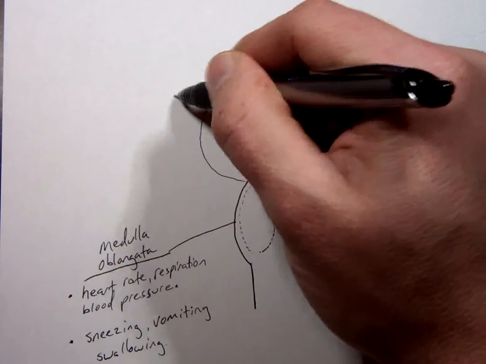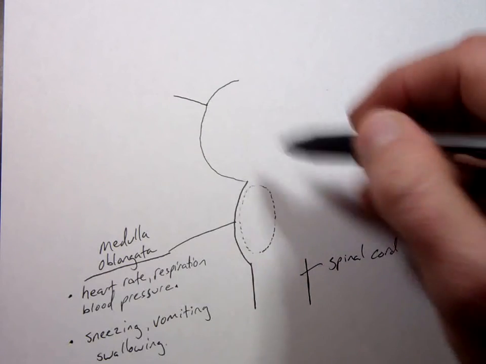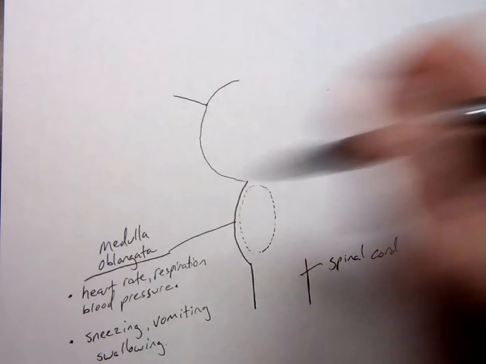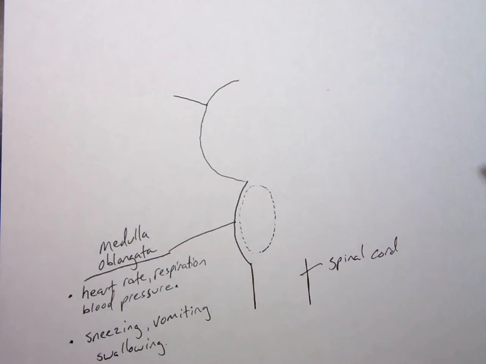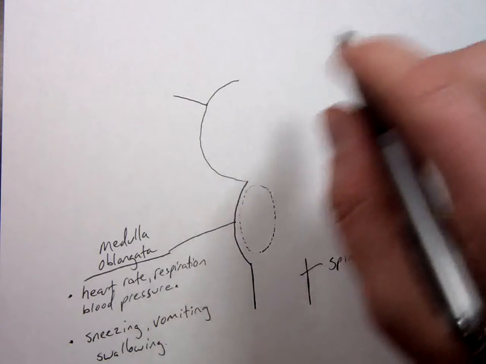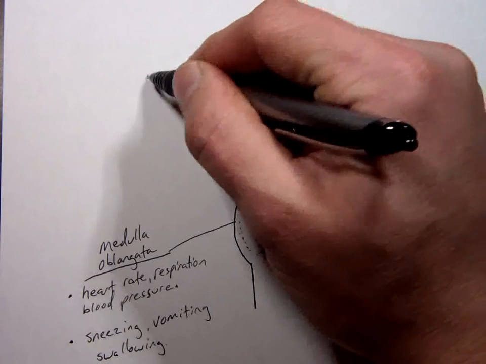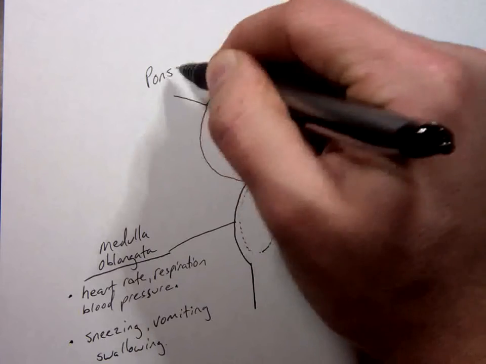This lump right here is a bridge between the cerebrum, the upper portion of the brain, the cerebellum, what we're going to draw, and the medulla. And so they call it the bridge. But because the bridge sounds kind of simple, they use Latin, which is pons.